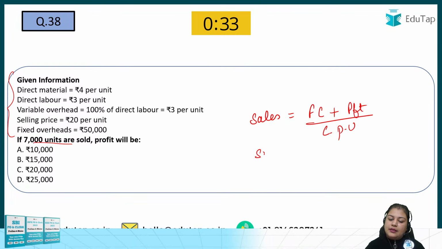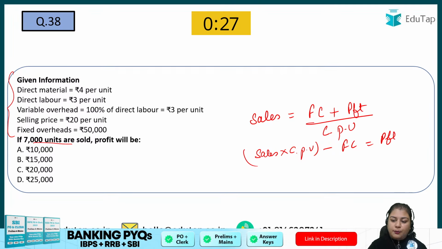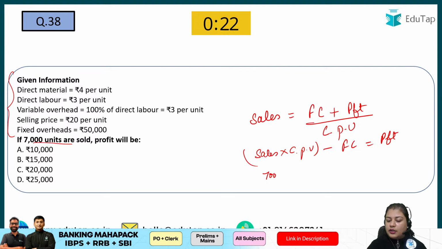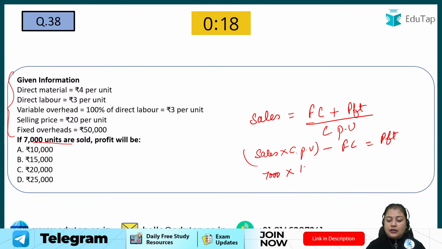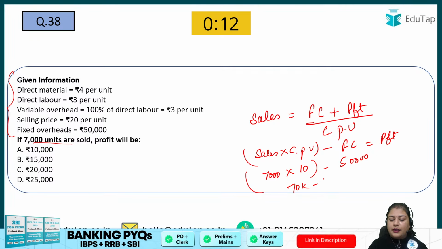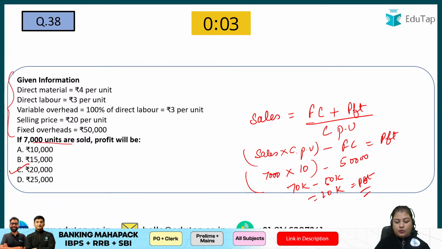So sales into contribution per unit minus fixed cost will give me the profit, and profit is what we need. Sales is 7,000 units into the contribution per unit, which we just calculated, that is 10 rupees, minus fixed overheads, 50,000. So it will be 70,000 minus 50,000, that will give you 20,000 profit. Everybody answered it correctly. Answer is option C, 20,000.